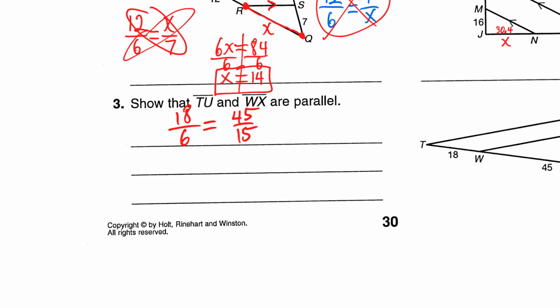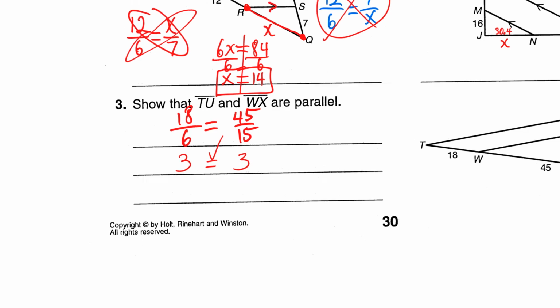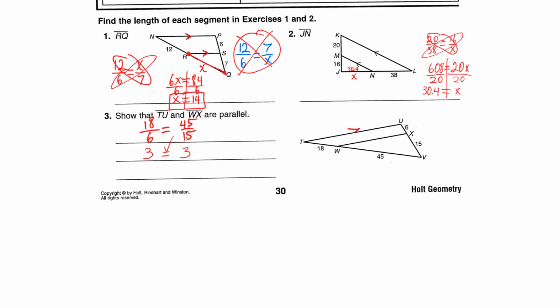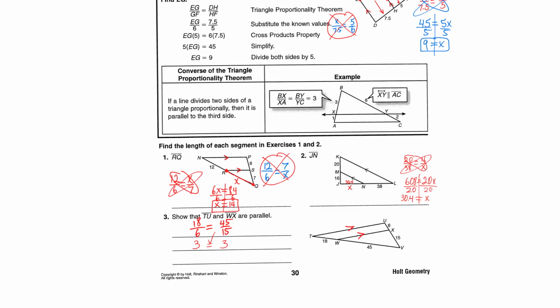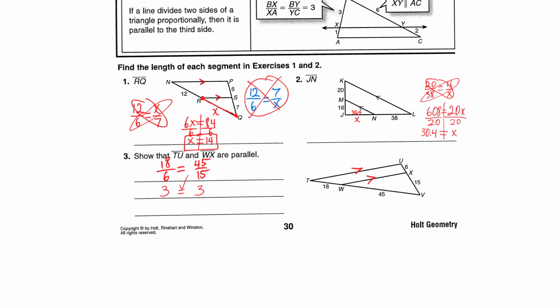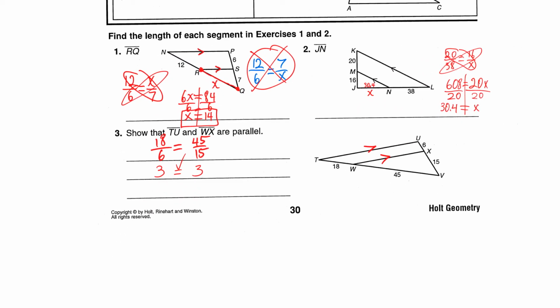What is 18 divided by 6? It's 3. What's 45 divided by 15? 3. So are those two equal to each other? Yes. And so going back to this up here, the converse of that, since it is divided proportionally, we know that those two lines, TU and WX, are parallel to each other.